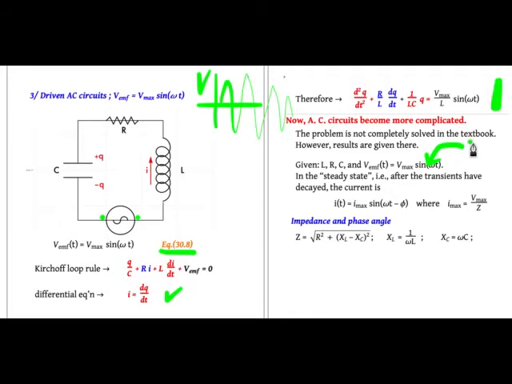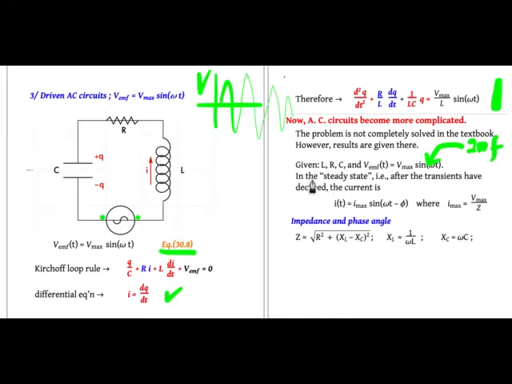So this would be 2 pi times the frequency, 60 cycles per second, 2 pi radians per second, if this were a standard American wall socket.